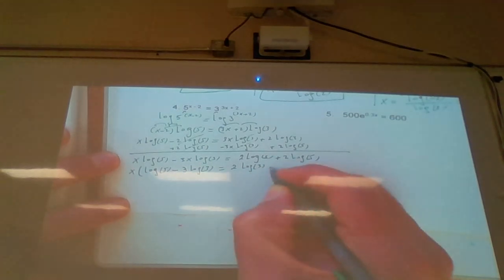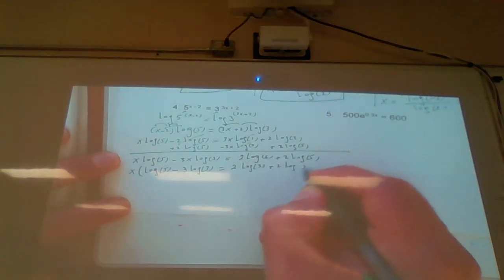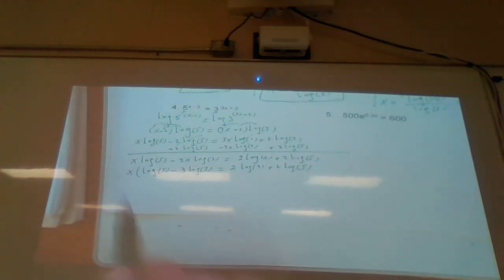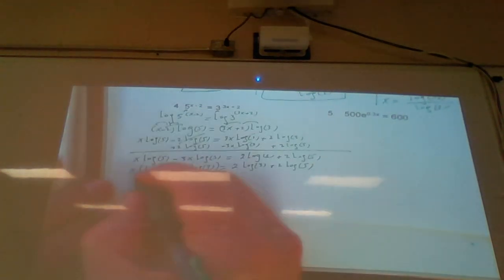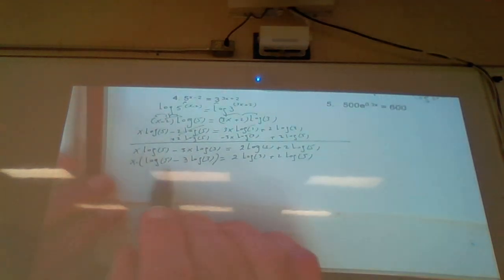This side is all numbers. So now I have x times, this is just a number, just like we did before. If I have a number times x, I can divide through.